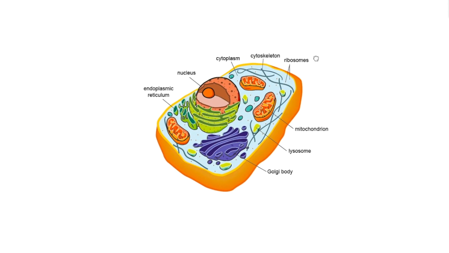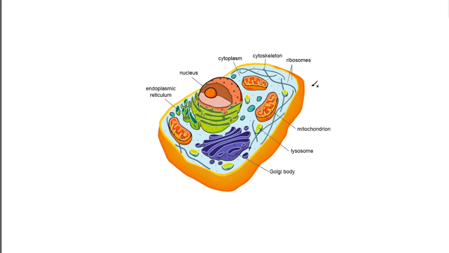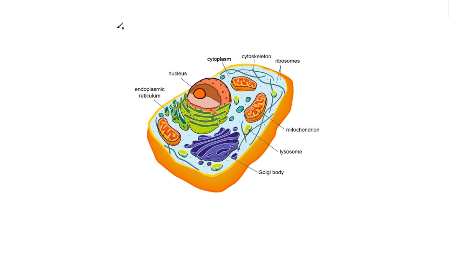Now, this is an image I got from Google Images, and it just shows you an animal cell, and hopefully you can label the things. You can relate the image here to the drawings. So we've got our nucleus, which has its nuclear envelope and its pores. We have the nucleolus, which is this darker spot.